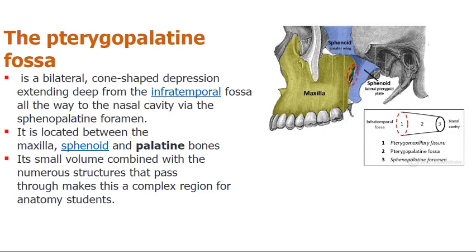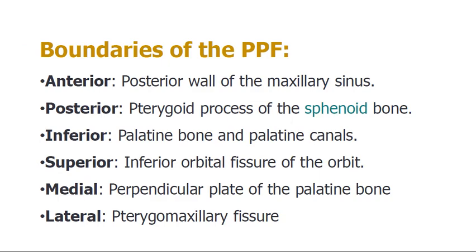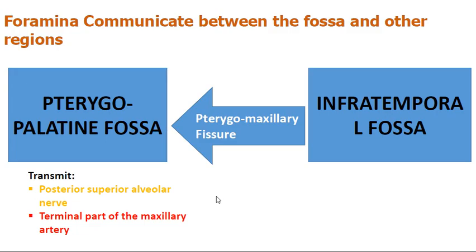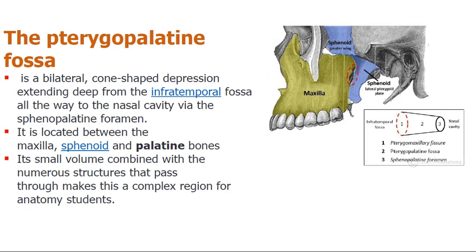You can see here, this is the orbit, and at this point we can find the inferior orbital fissure, which is the exit from the pterygopalatine fossa to the orbital cavity. And the medial boundary, or the medial wall of the fossa, is the palatine bone, by the perpendicular plate of the palatine bone, deep inside here, more deep and more medial.